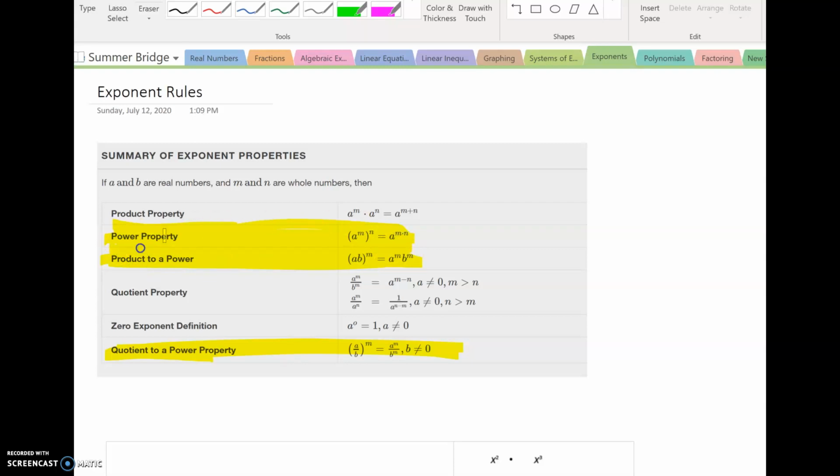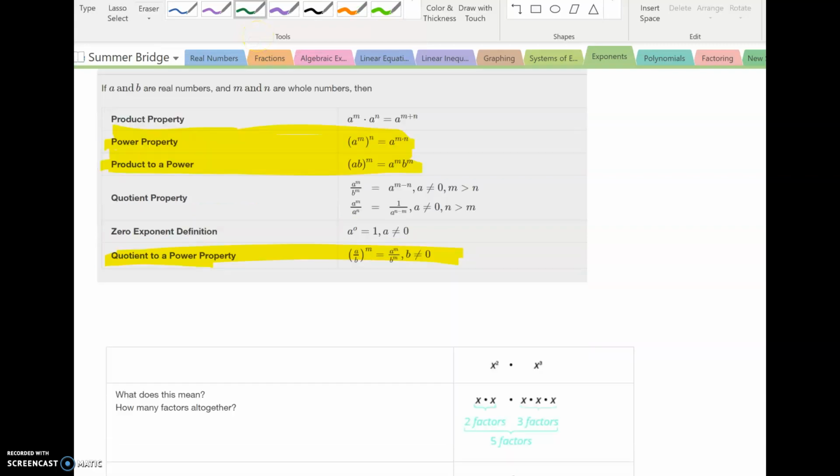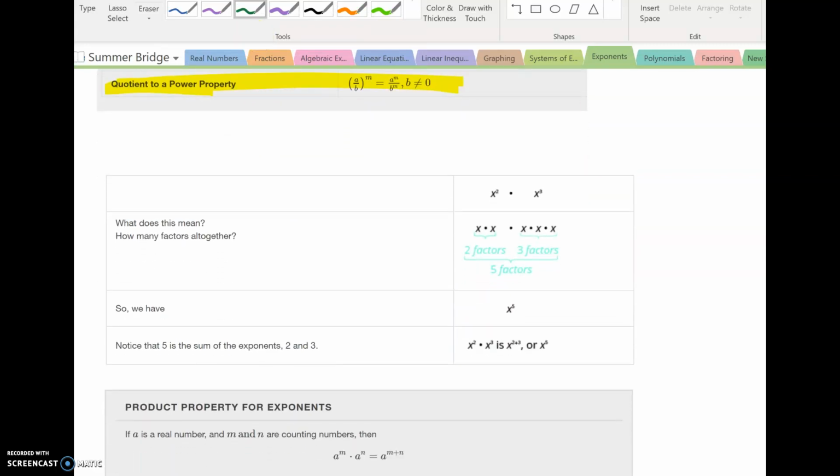We're going to start by talking about the product property. And so let's look a little bit more closely at what we're looking at. If I have the same base, and that's very important, you have to have the same base for all of these, and different exponents.